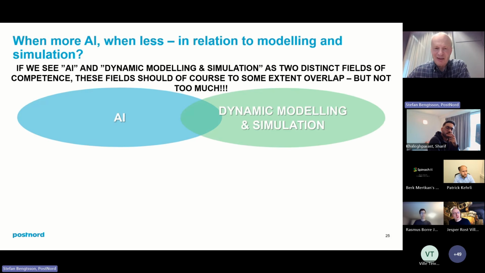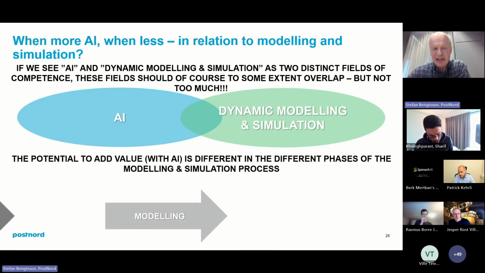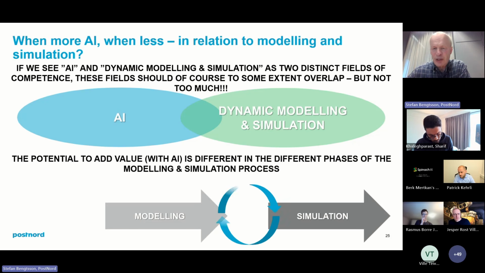So if we see it like this, the potential to add value with AI is also different in the different phases of the modeling and simulation process. I think it's a shame that we sometimes just discuss simulation when we really should discuss that we have two distinct phases, one which is modeling and the one that comes after, that is simulation.